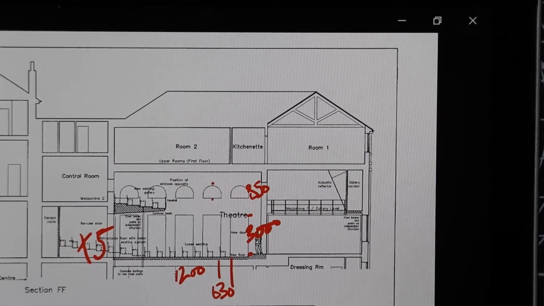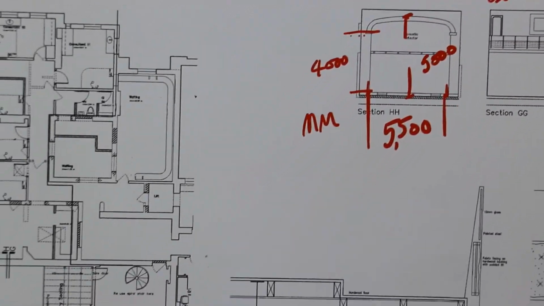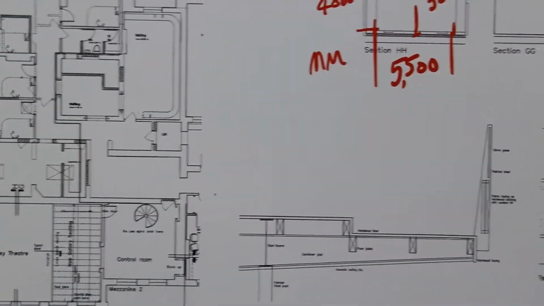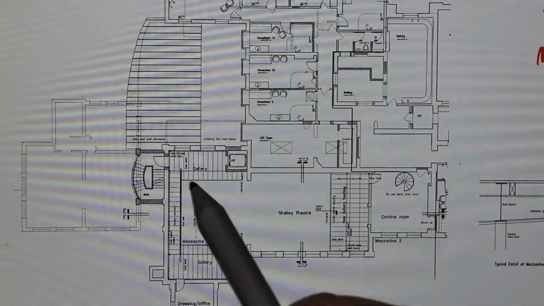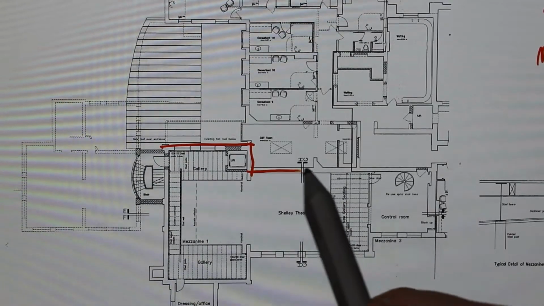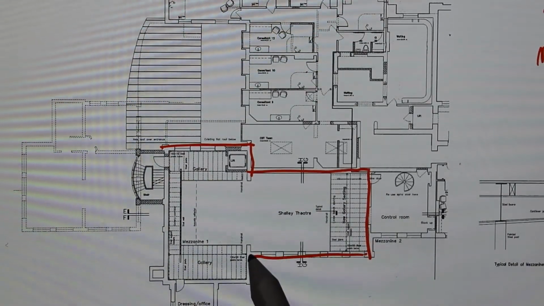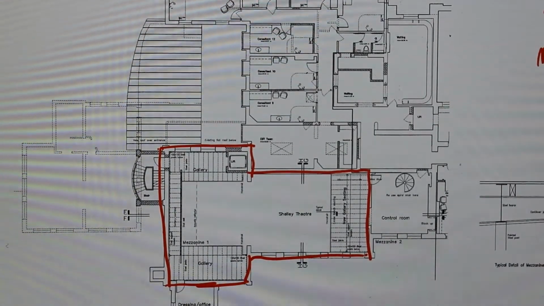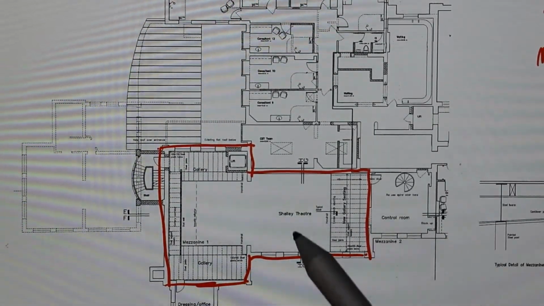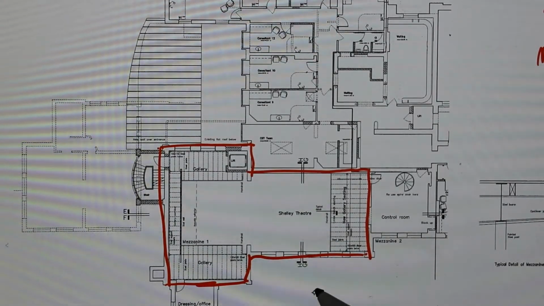Okay, so if we were to move over to the actual theatre again. Okay, so we are focused on this area only. Okay, we can do some quick measurements here.